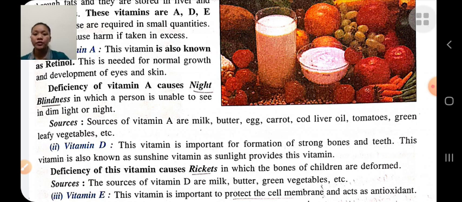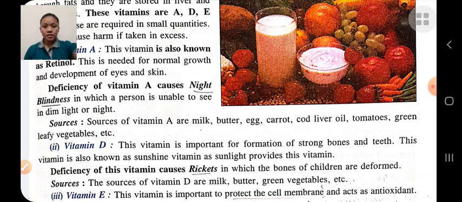This is about vitamin A. And sources of vitamin A are milk, butter, egg, carrot, goat liver oil, tomato, green leafy vegetables, etc. Vitamin A helps in proper growth and development of eyes and skin. If there is deficiency of vitamin A, it leads to night blindness.